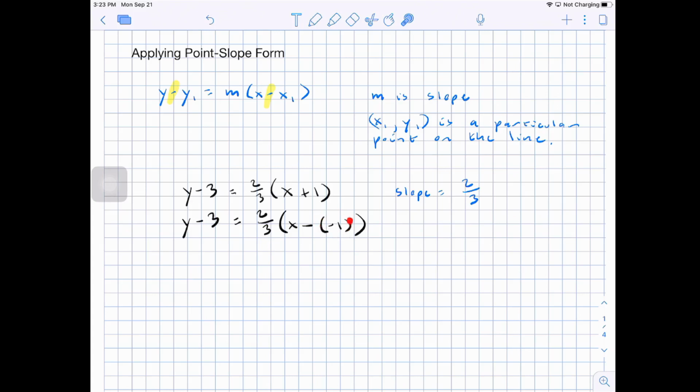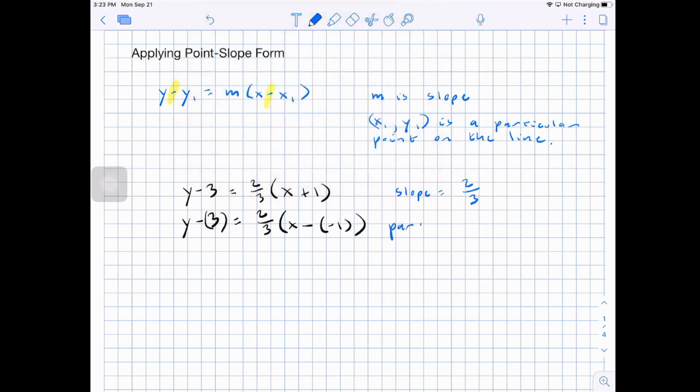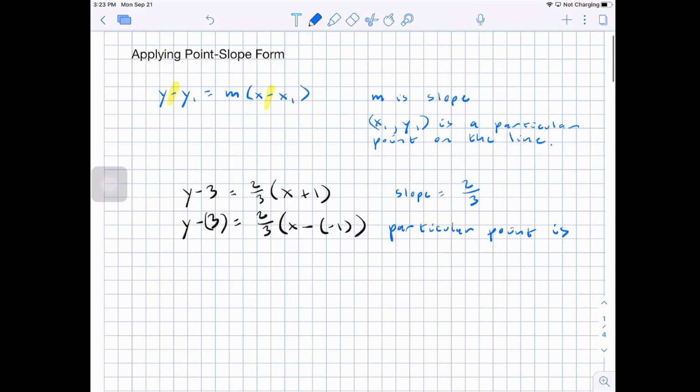Here's our x1 and here's our y1. Let me put parentheses over here. So our particular point is -1, 3. It's an x y ordered pair.